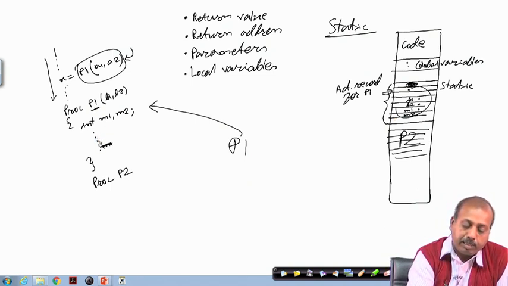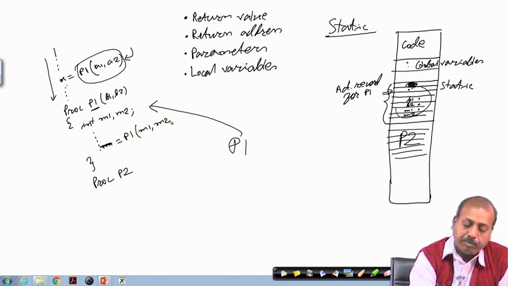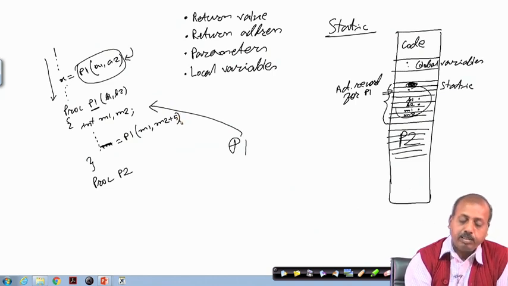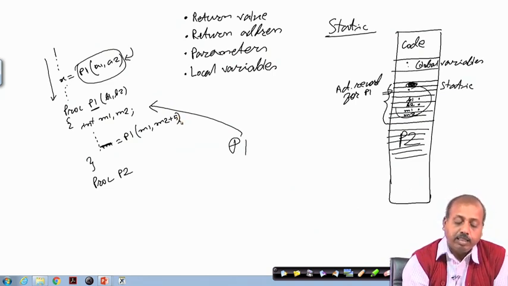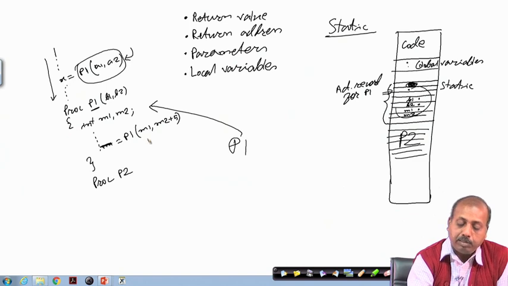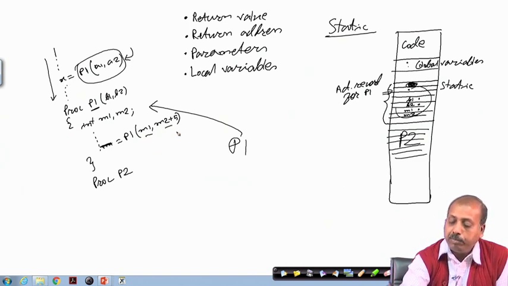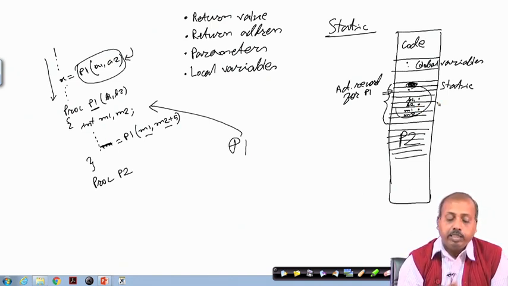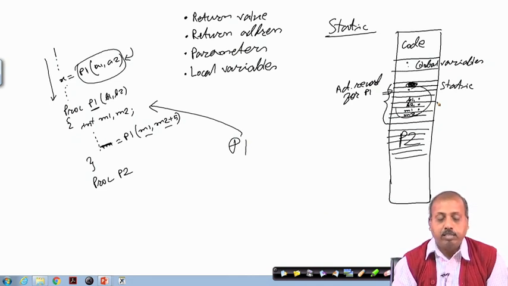Within this, P 1 may be giving a call to P 1 itself with some parameters, say M 1 and M 2 plus 5. Suppose it does something like this, then what will happen? These two values, M 1 and M 2 plus 5, will be copied onto B 1 and B 2. So, the previous B 1 B 2 contents will be lost. It cannot return to the proper place, and all the calculations will be lost.